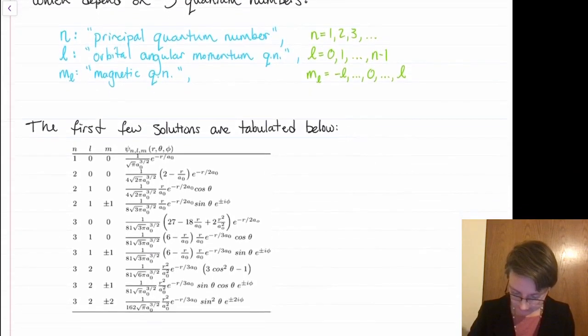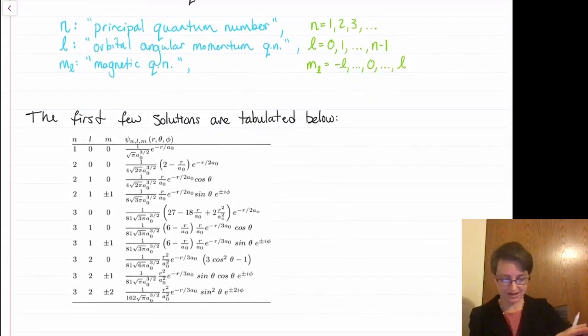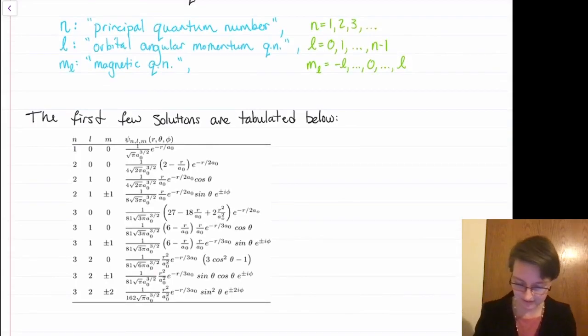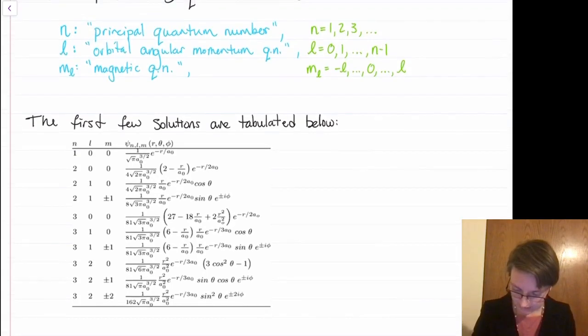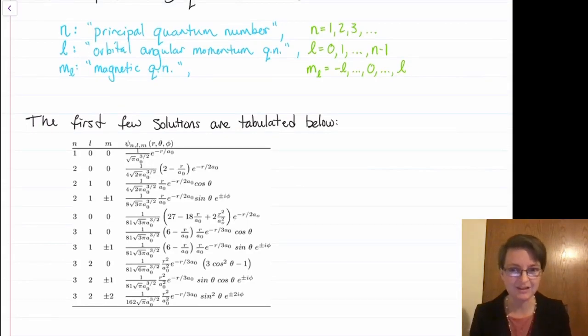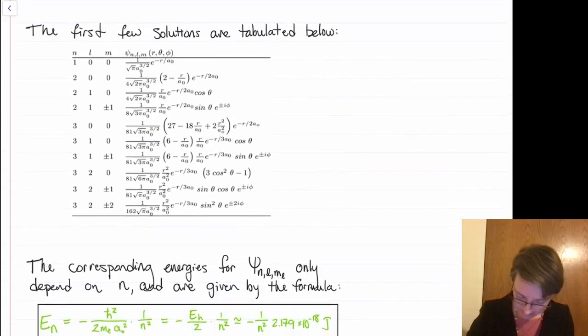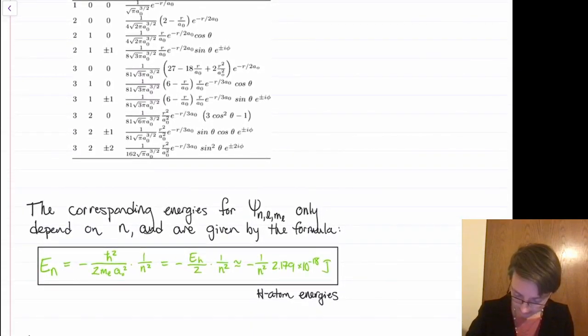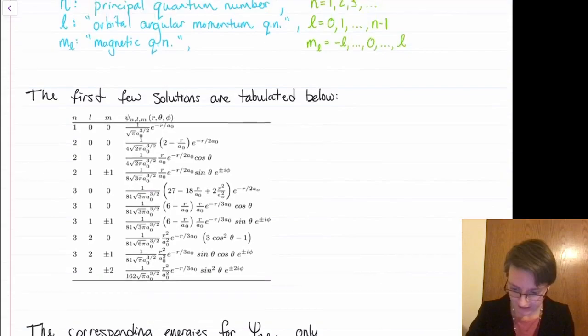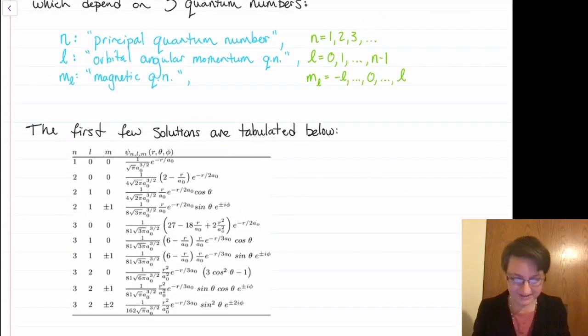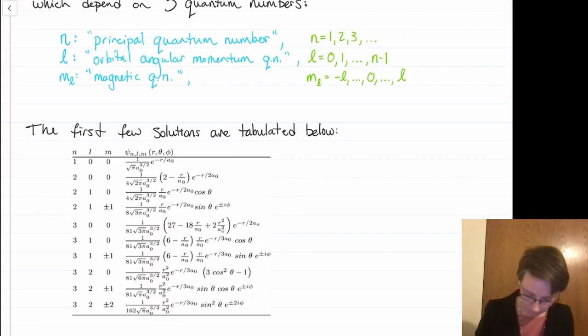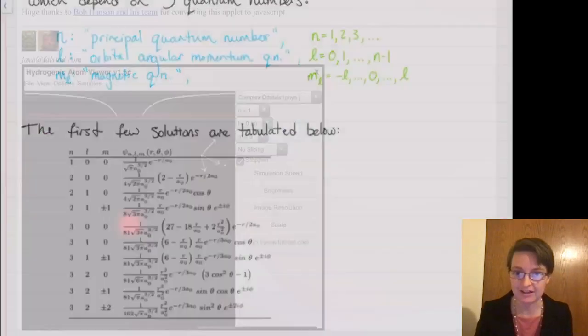The first few solutions to my overall hydrogen wave function are tabulated below. You can see that what I need to tabulate is that there's a different associated wave function for each unique combination of n, L, and m sub L. And then the other thing that I want to leave us with, before I leave us with some energy descriptions, I do want to give us just one sneak peek of what these hydrogen atom wave functions look like.